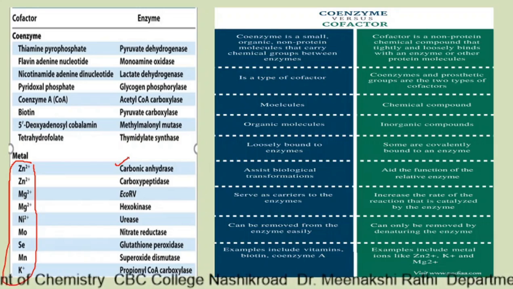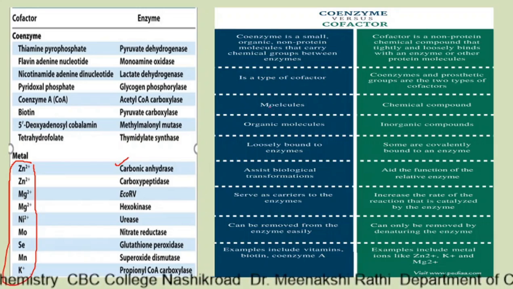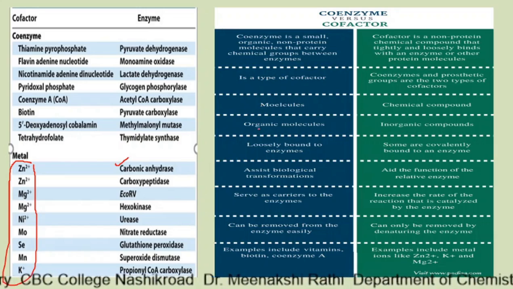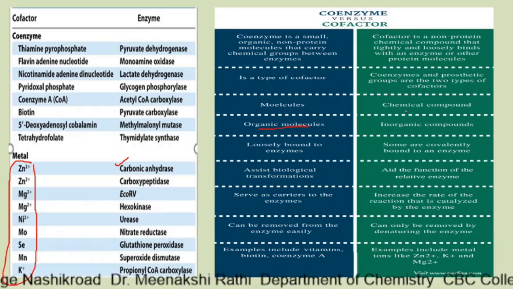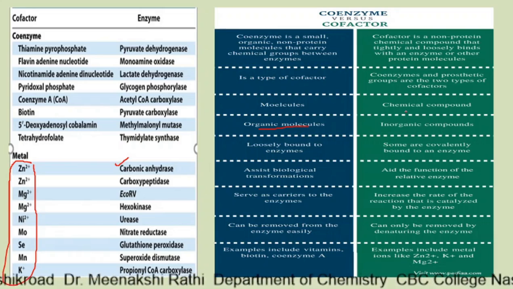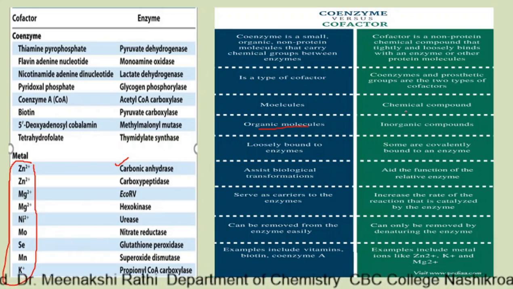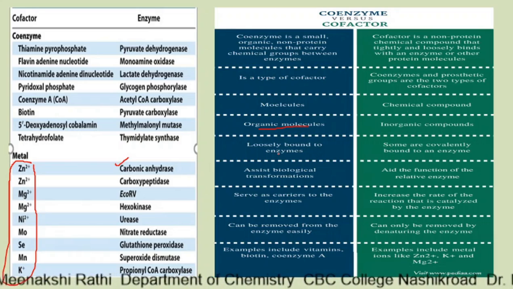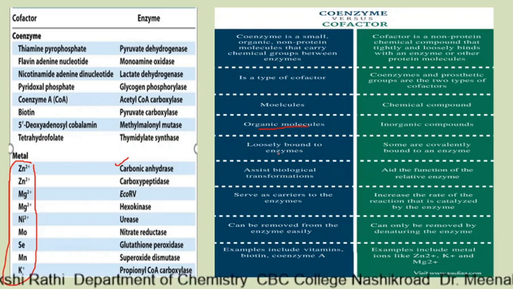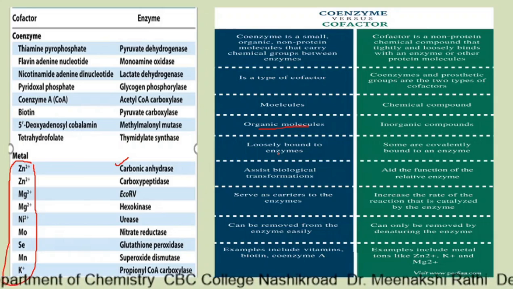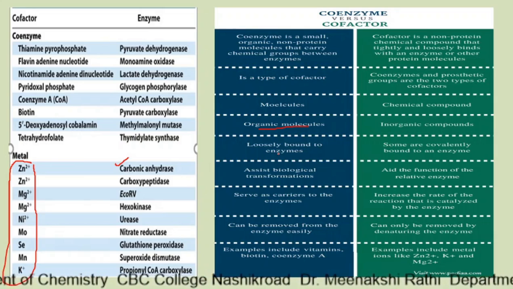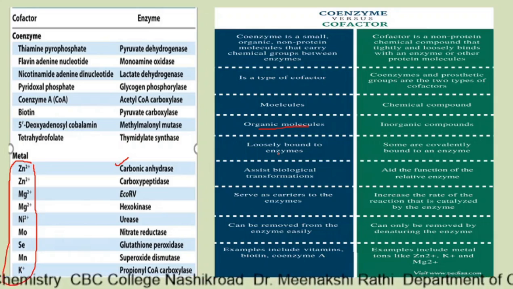Coenzymes are organic molecules, while cofactors are inorganic chemical compounds. Coenzymes are mostly loosely bonded to the enzyme, but cofactors are sometimes covalently bonded to an enzyme.